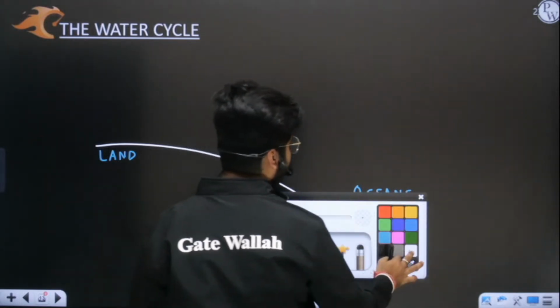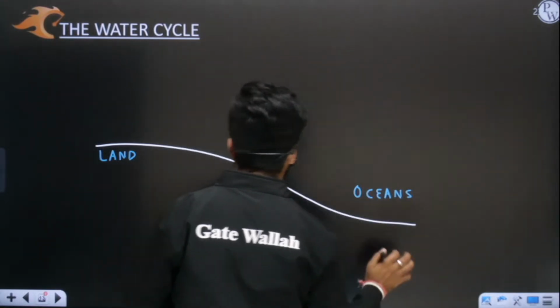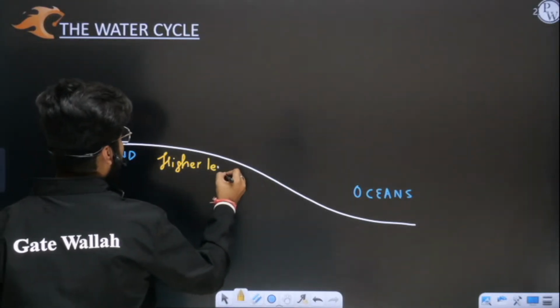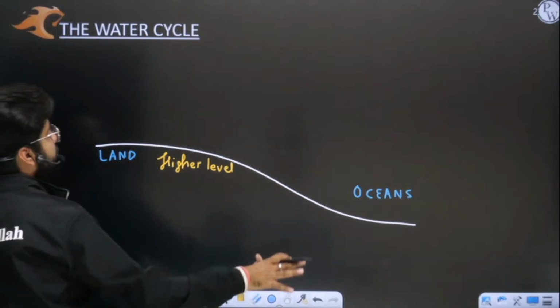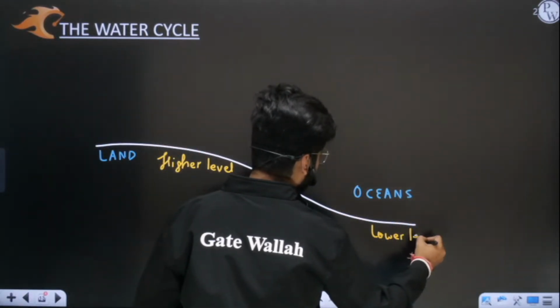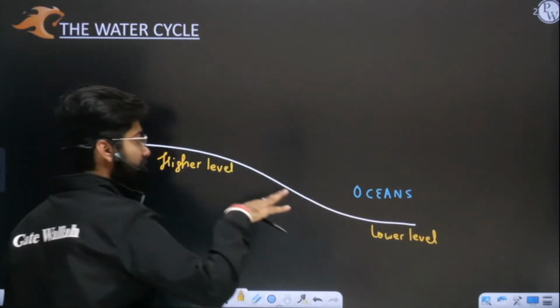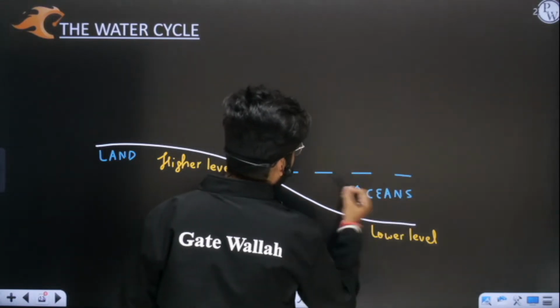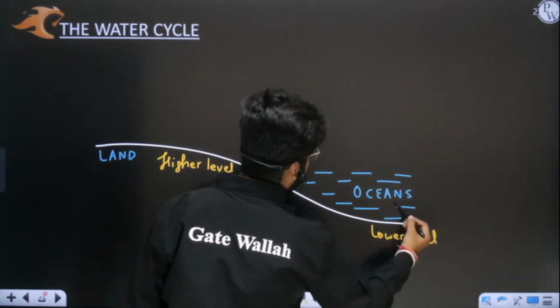See, you all know that water ultimately gets collected at a lower level. Yes or no? So let me assume this is your oceans, this is your landmass.